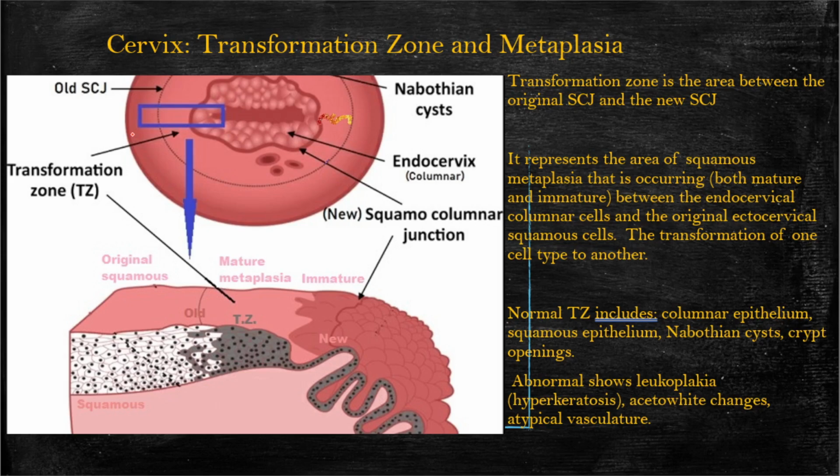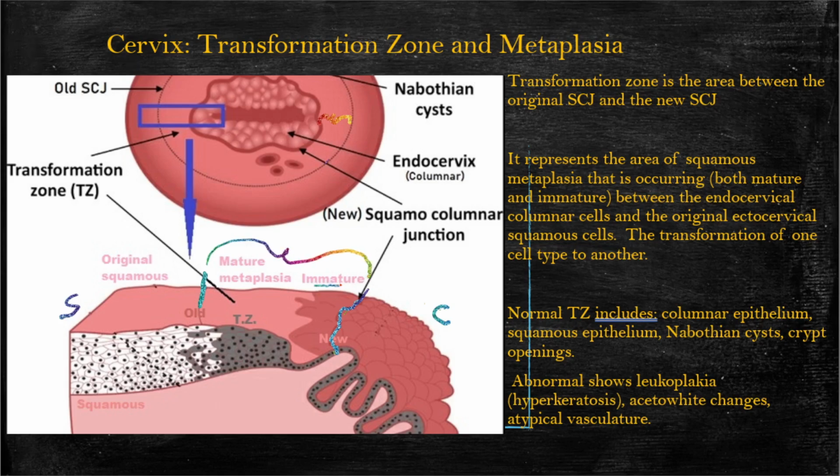So if we take this blue box, take a bit of a cross-section of it, we've got our columnar epithelium over here, our stratified over here. This was our original, so the old squamocolumnar junction here, but these darker gray areas, that's the area of metaplasia happening. So right now, this is our new squamocolumnar junction, but this in-between area is the area of metaplasia.